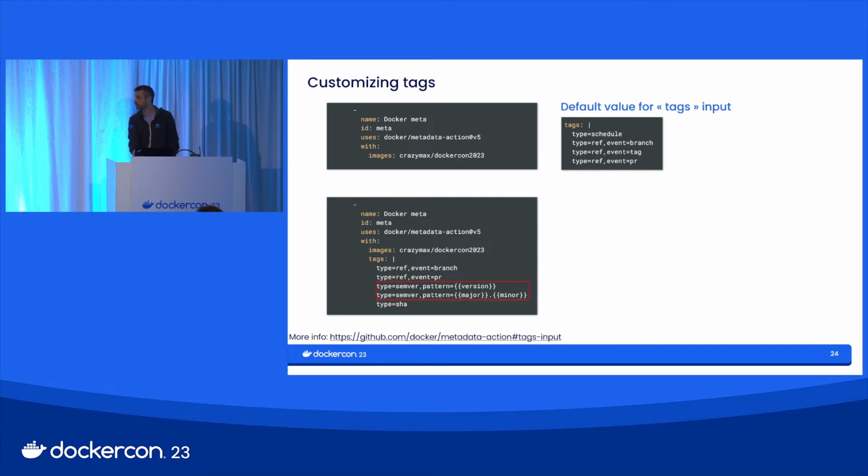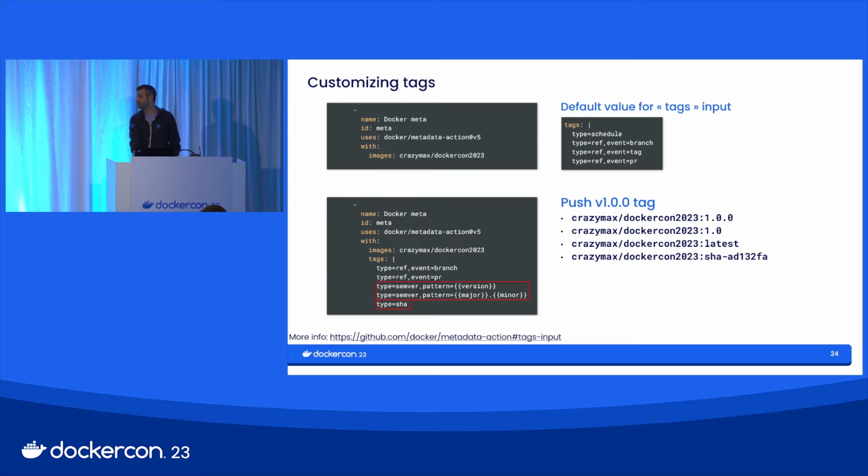In this case, for example, I say, okay, I want the full version, but I also want major.minor being set, because some users don't care about patches and will use only the major.minor in their image. So here I handle the semver tag, and when I push v1.0.0, it will say, okay, I have 1.0.0, I have 1.0, and latest, and the SHA with the commit SHA being set. This is automatically generated for you.